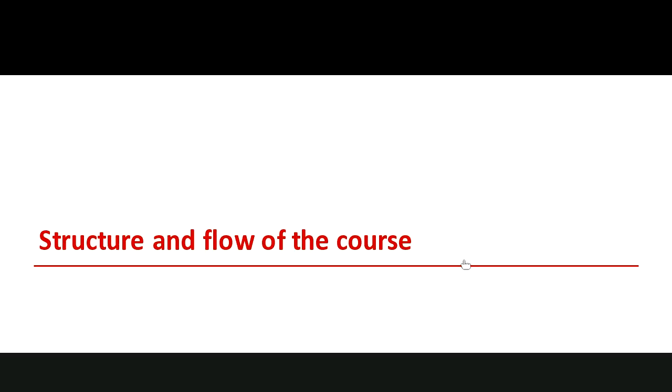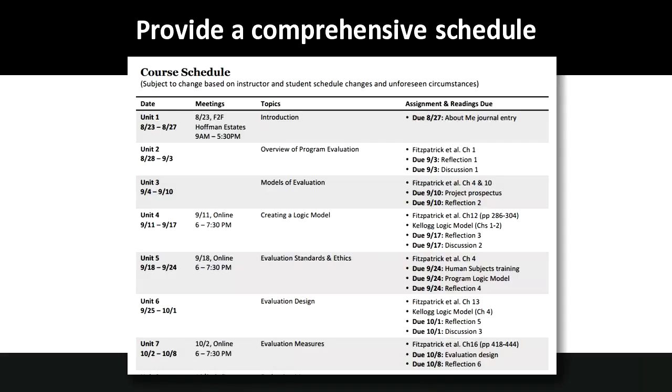But I will move along with how you can let your students know what the structure and flow of the course are, or the navigation. They're going to see how the navigation unfolds as the course goes on, but we're talking about getting started.